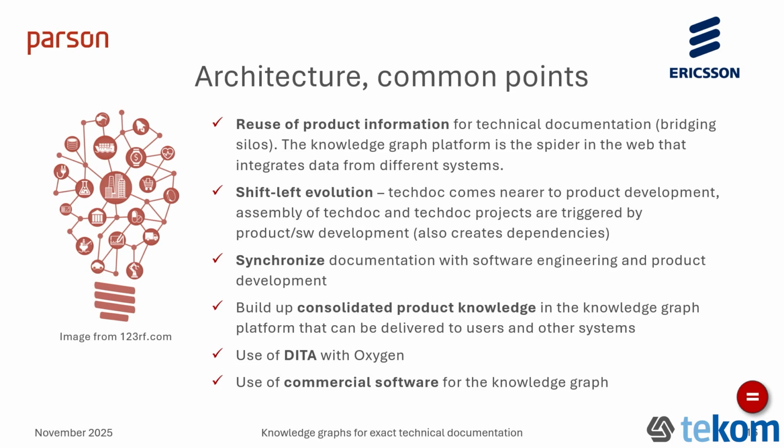Then we have a shift left approach where we bring the technical documentation closer to the product development by using information from product development or even synchronizing it with it, which also creates new dependencies. We actually synchronize the documentation with the software build or product process in an automatic way.